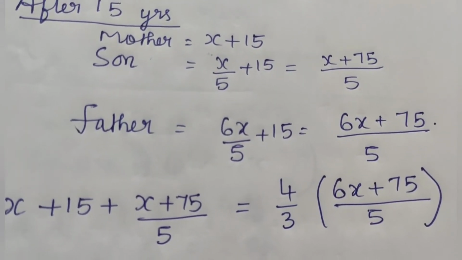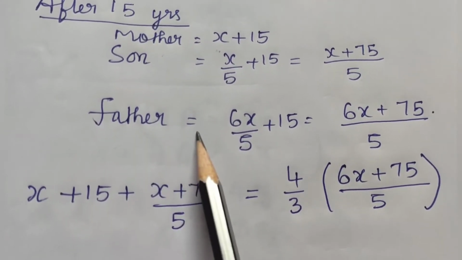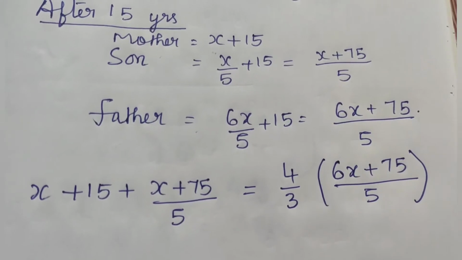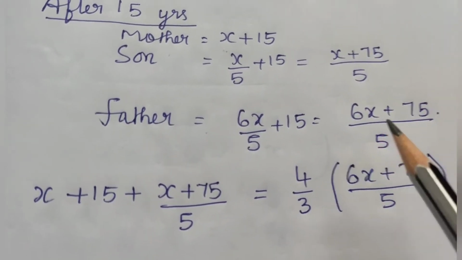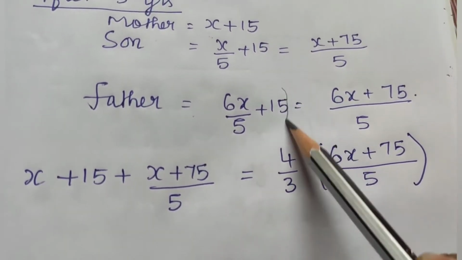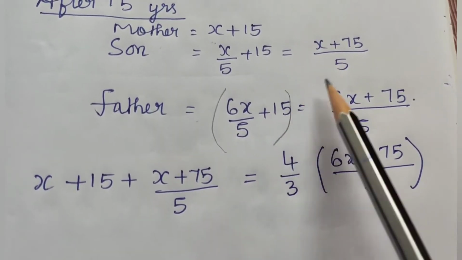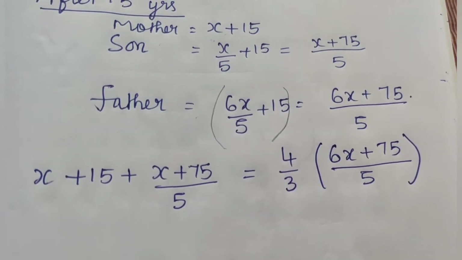So, X plus 75 by 5. After 15 years, father's age is equal to, what they are saying is 4/3 of the sum of mother and the son's age. Sum of mother and son's age is what? We get X plus 15.